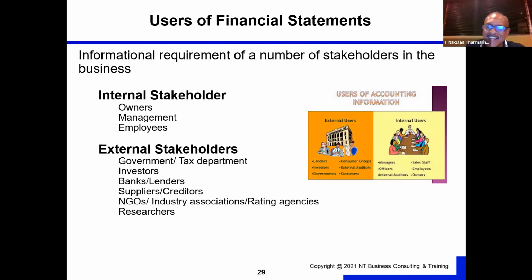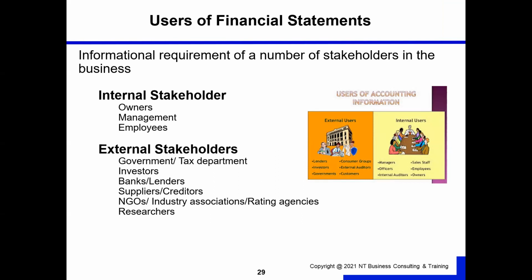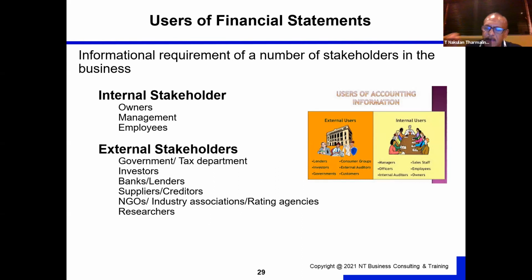Nakulan, is there a different type of reporting for internal and external stakeholders? Yes. Internal accounts are known as management accounts. When it comes to being audited, reported and filed with the registrar of companies, you call it statutory accounts. Management accounts have so much detail in them because you want to make business decisions within the company.